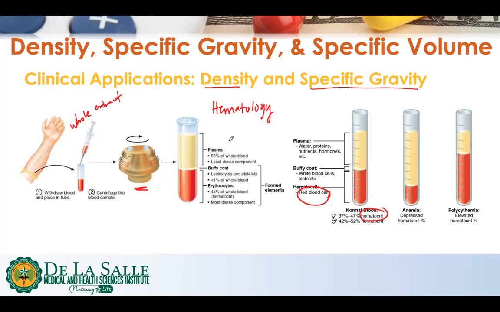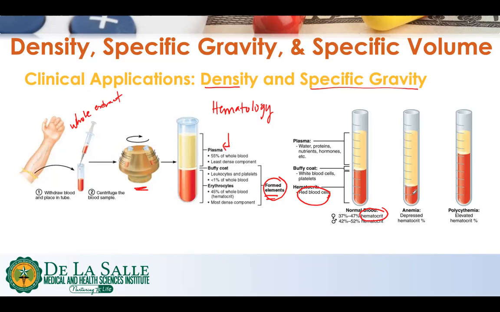The plasma, which contains some proteins in the blood, including antibodies, will float on top of what we call the formed elements layer, because the formed elements layer will contain the blood cells, such as your red blood cells, your white blood cells, and your platelets.